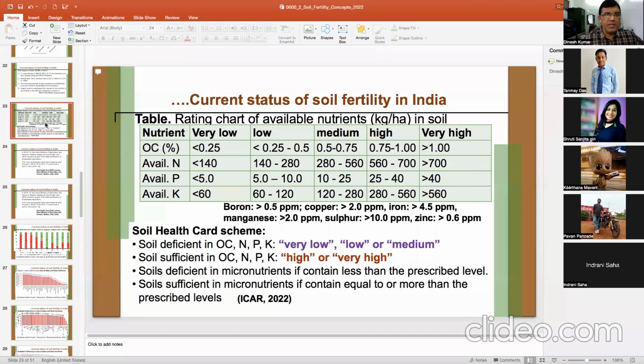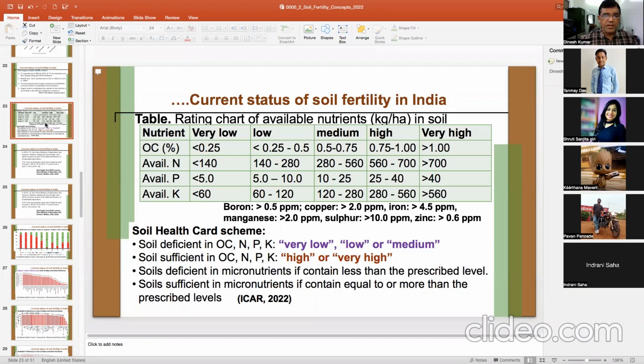Now, just now you have seen the latest classification of nutrients, whether they are low, high, medium. This kind of classification is being followed by the Soil Health Card Scheme, the National Scheme on Soil Health Card.